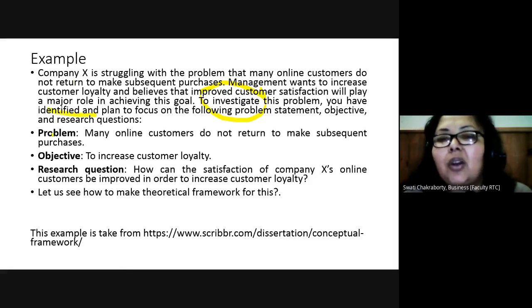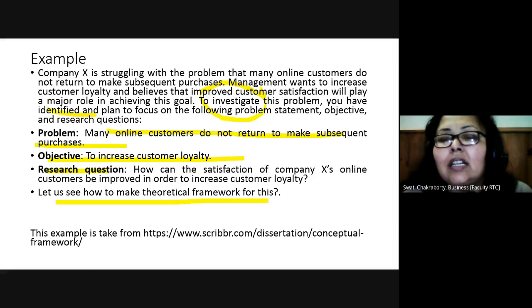So what's your problem? From this case, many online customers do not return for subsequent purchases. That's a problem. So your objective is to increase the customer loyalty. And from there, you have the research question, that is, how can the satisfaction of company X's online customers be improved in order to increase the customer's loyalty?